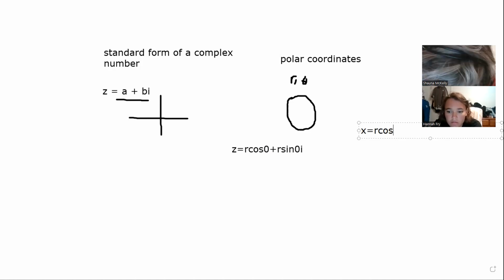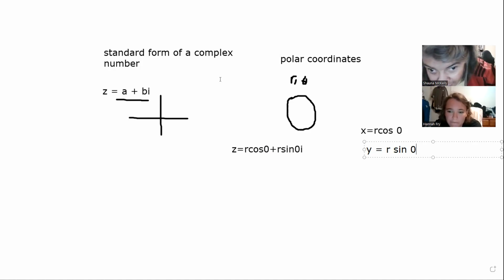When you're graphing this on the plane, the horizontal axis, what would be the x-axis, is your A. So this is R cosine theta. Y then is R sine theta. We spent a lot of time with these at some point, going between forms. Kind of remember that?